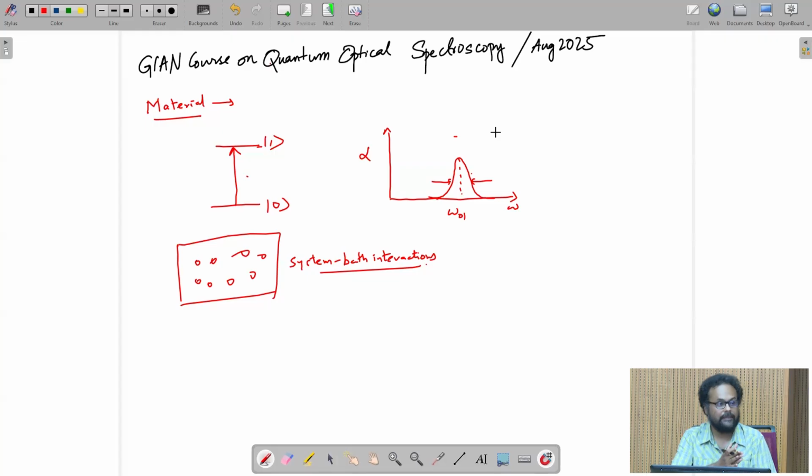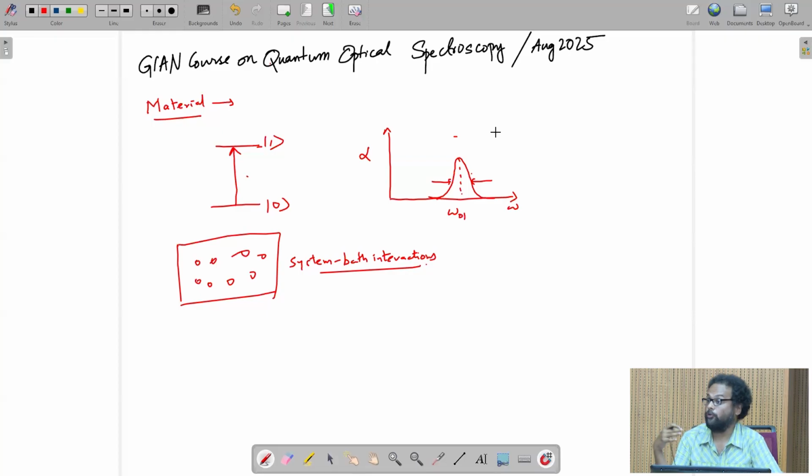This is where we want to go from this linear regime to a nonlinear response. It so happens those nonlinear response functions fundamentally give you access to a wealth of information which is not accessible to linear spectra. So I'm sure everybody has done linear absorption or seen linear absorption spectra, which are very easy to extract.